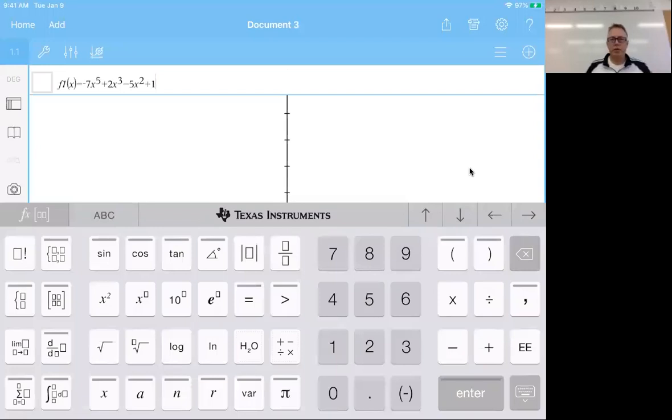I'm not going to hit enter yet because I want to talk about that before I hit enter. But it's negative 7x to the 5th plus 2x to the 3rd minus 5x squared plus 1.